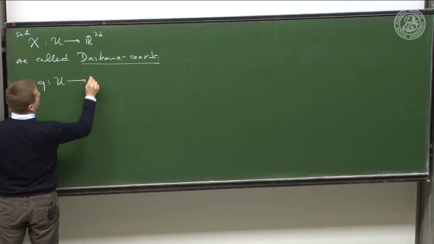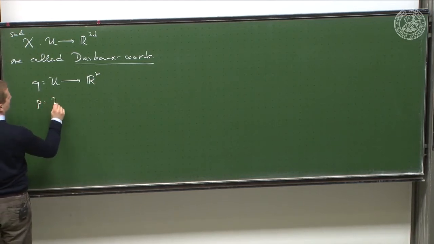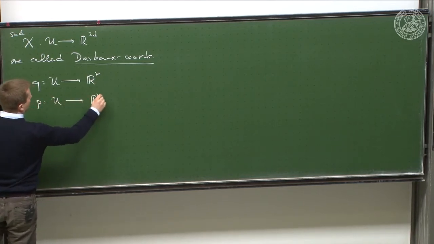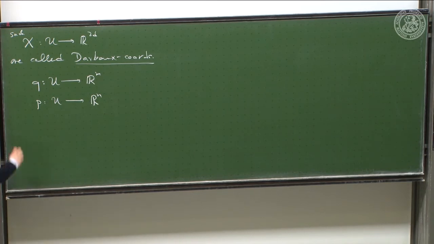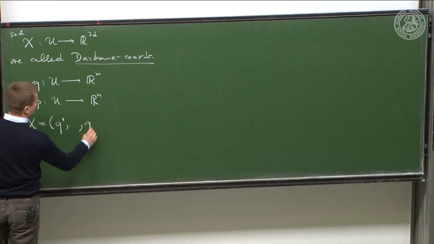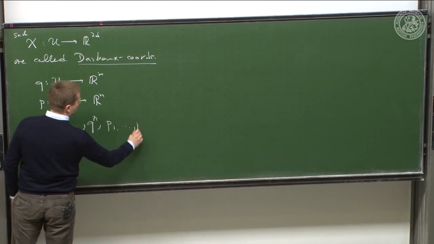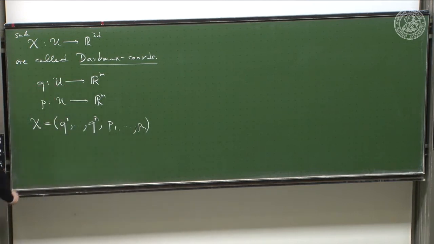One half of them you call Q, and the other half of them you choose to call P, such that the Darboux coordinates are the Q1 to Qn, and then the P1 to Pn.